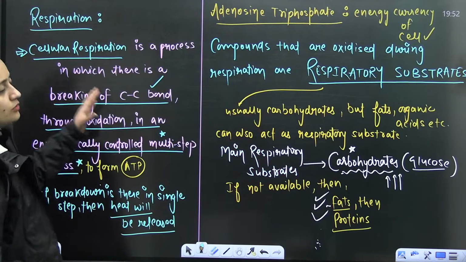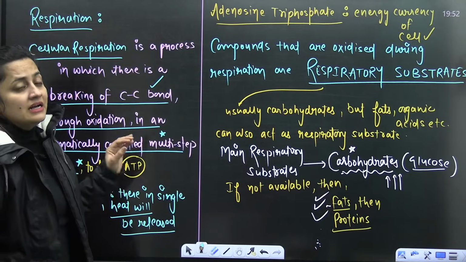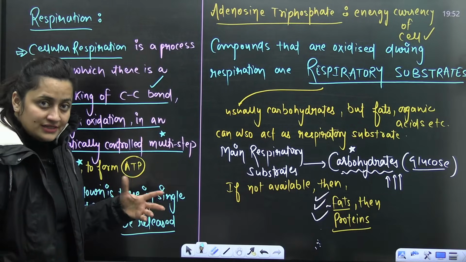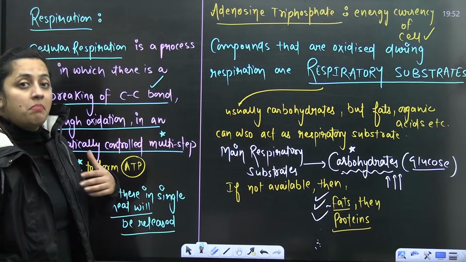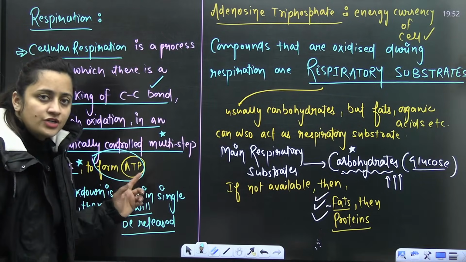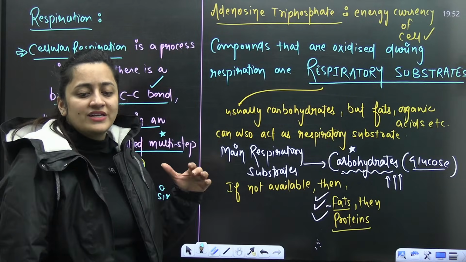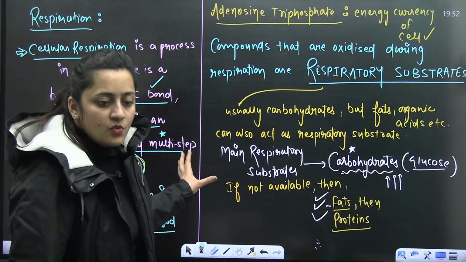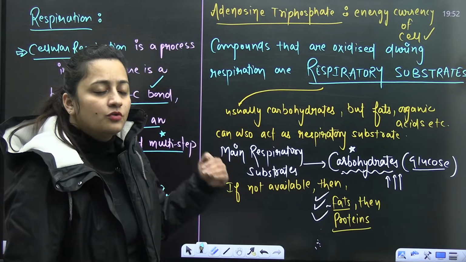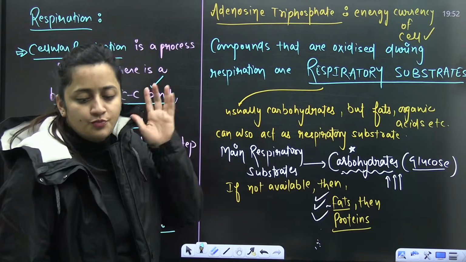We said that cellular respiration is a process in which there is the breaking of carbon-carbon bonds through oxidation in multiple steps by using enzymes, and ultimately ATP is formed. It is the energy currency of our cell. It will not be done in one step, because otherwise heat will be produced. Instead, we are breaking them into multiple steps so that we can trap that energy in the form of the high energy bonds of ATP.